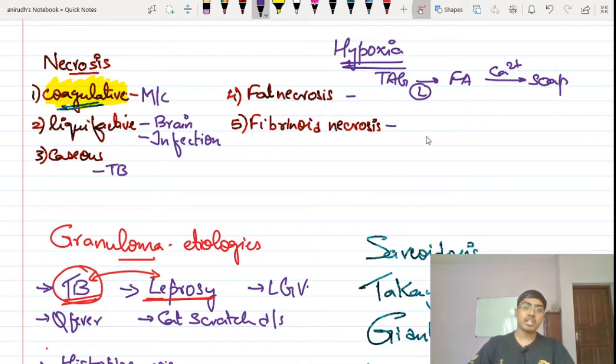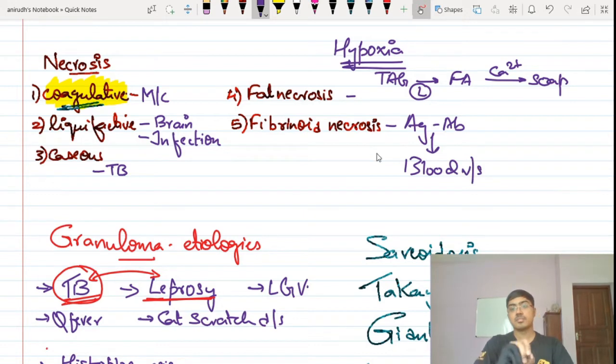In fibrinoid necrosis, you will have antigen antibody complexes depositing in the wall of blood vessels. This can be seen in certain conditions like malignant hypertension. In malignant hypertension, you will be seeing this, right?